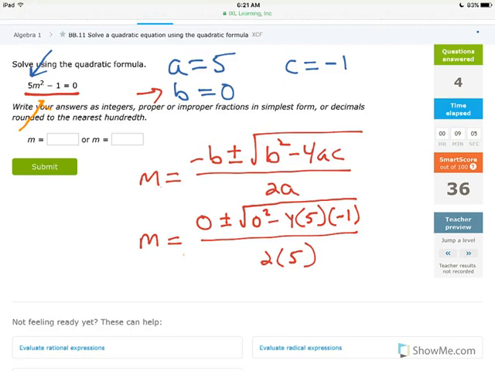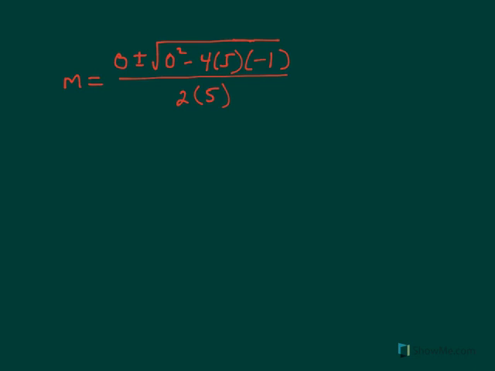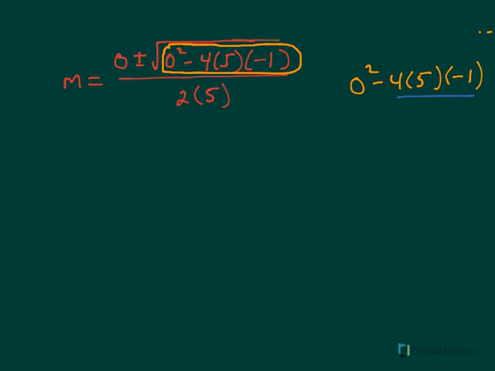And let's go ahead and rewrite this on another page, and we will crunch the numbers on this one. So here's our setup, and for all of them you always want to find the value that's under the radical first. So what was under the radical? That was a 0 squared minus 4 times 5 times negative 1. So 0 squared is just 0. So if we work out this right here, don't forget you have that minus sign in front of everything.